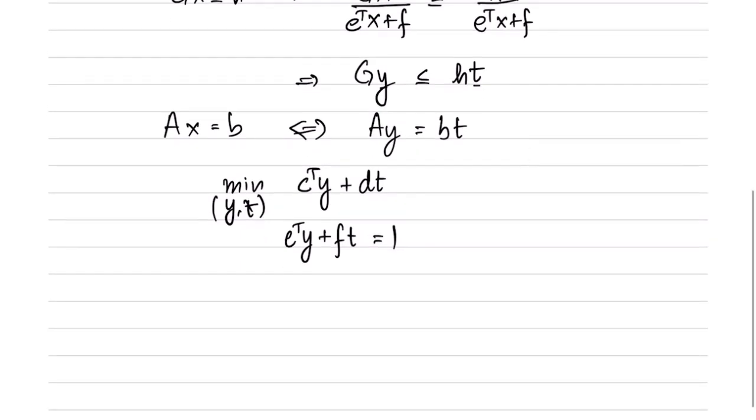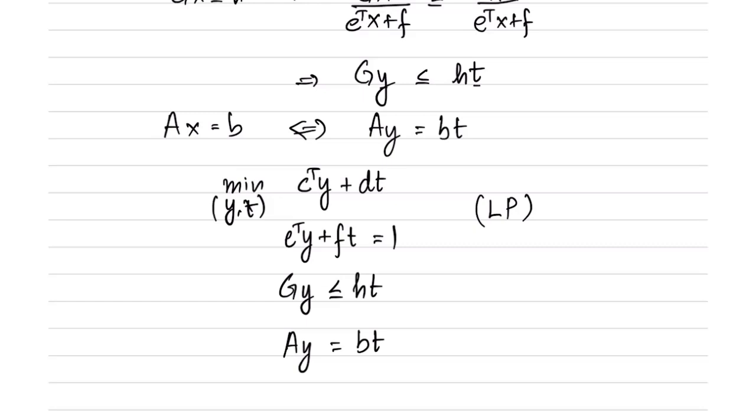Then G y is less than or equal to h t, and then A y is equal to b t. Observe that all the constraints as well as the objective here are linear, and therefore this is a linear program. So we have converted the linear fractional program into a linear program.